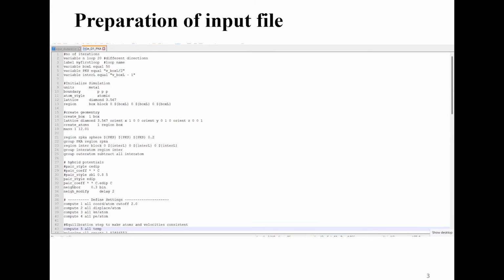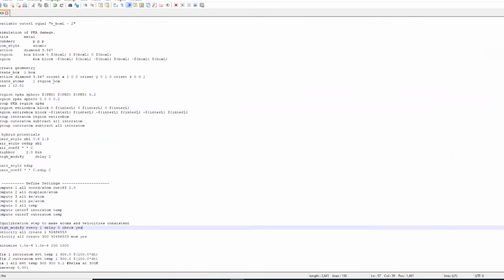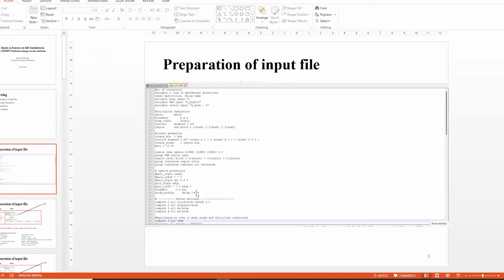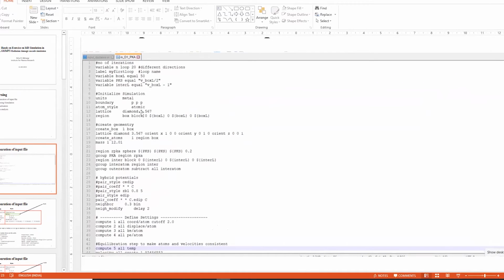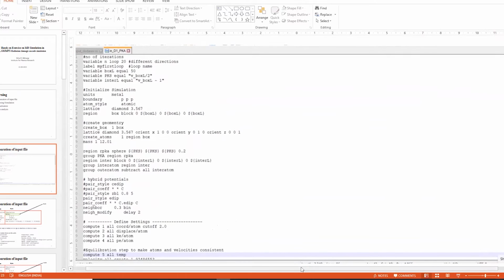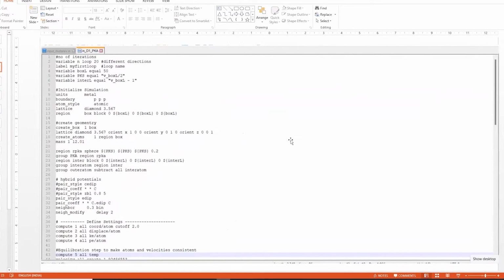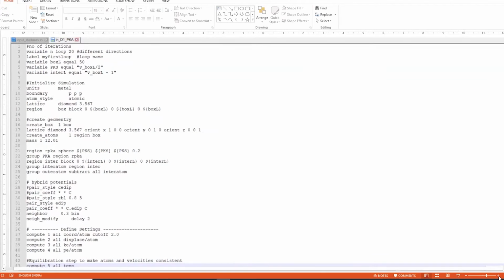Sorry for interrupting. Can we please increase the font size? Yeah, I'll show you. This increases the size of the screen. So you can also close the side pane. Yeah, I'm closing it. You can probably open the text file itself and show it, so you can change the font.